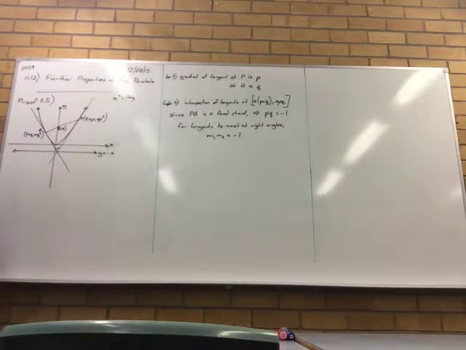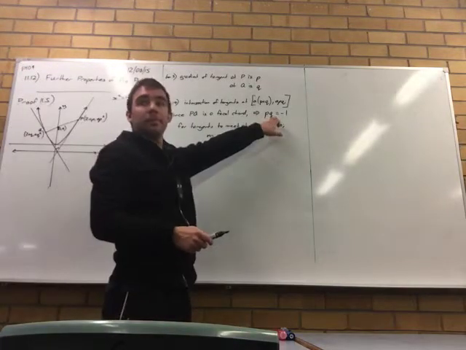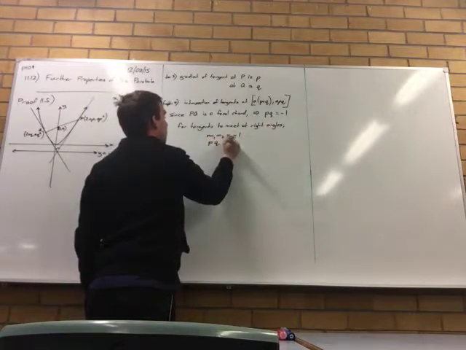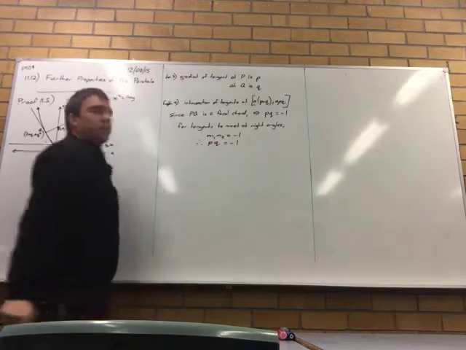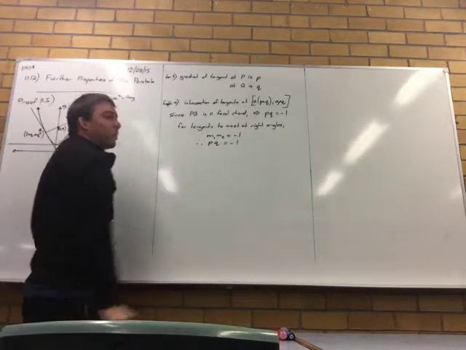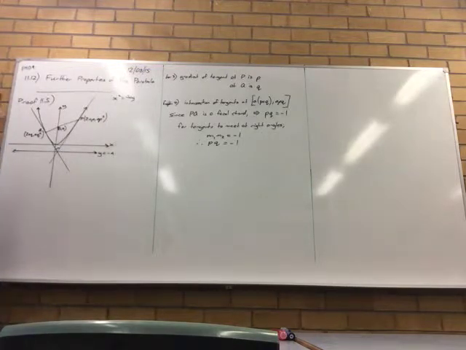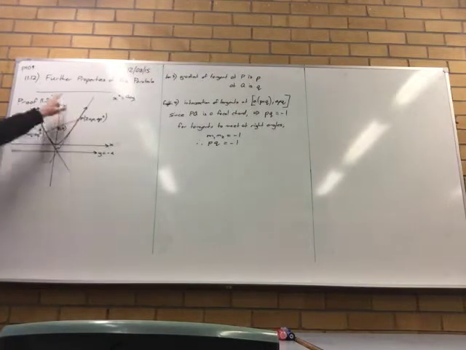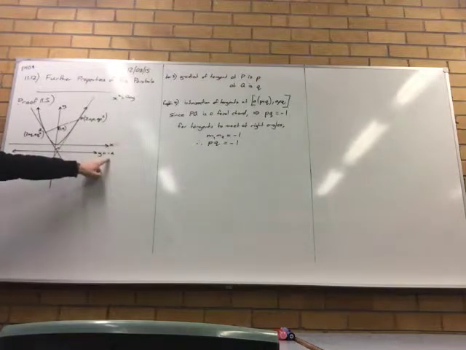So p times q, from that property, is -1, isn't it? So pq equals -1. So we've shown that the 2 tangents at the end of a focal chord always meet at right angles. Always. Now we need to show that it meets on the directrix.